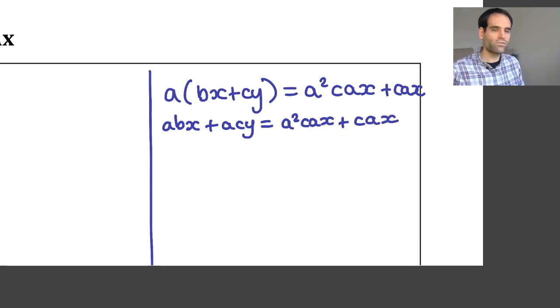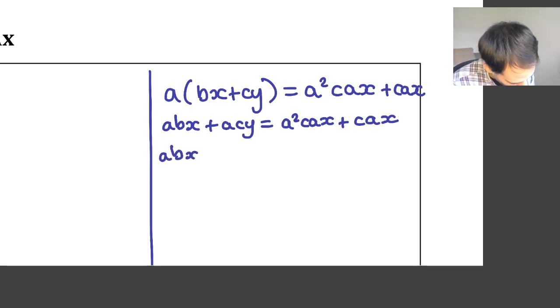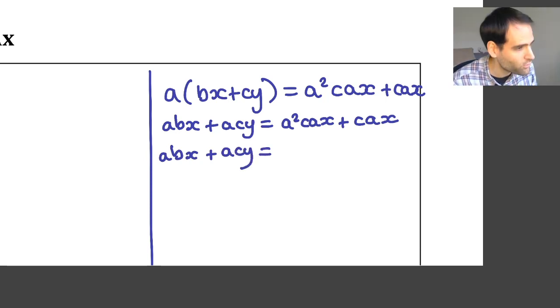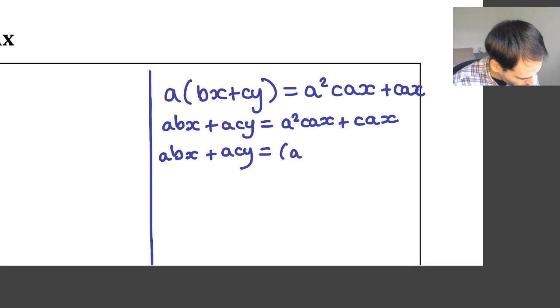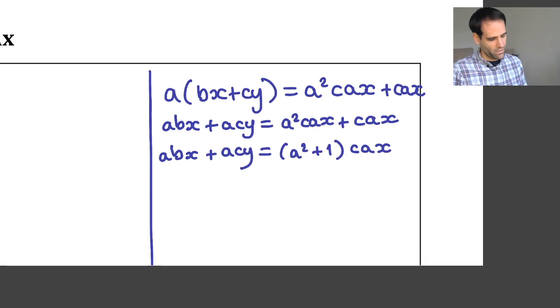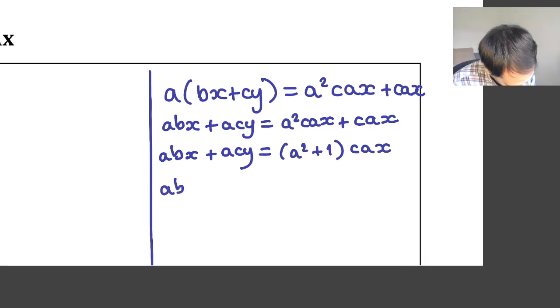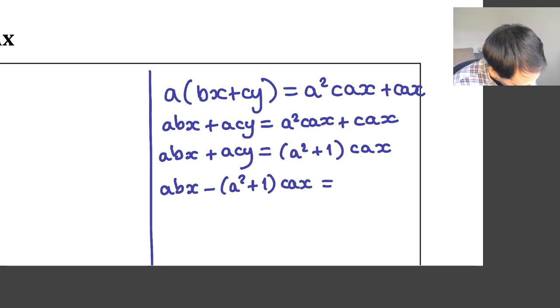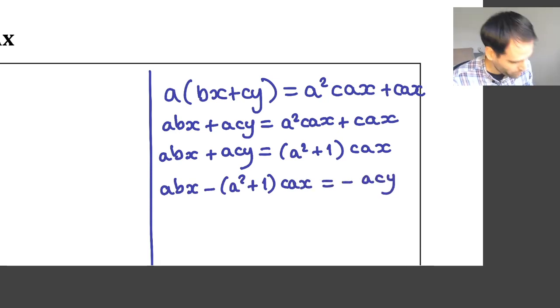Now you would factor out the x's, so that you could put all the x's on the same side. So first, let's factor out the x's: abx plus acy equals, and now you have x everywhere, so this is (a squared plus 1) cax. Now you put all the x's on the same side, changing the sign. So you would do abx minus (a squared plus 1) cax equals minus acy.